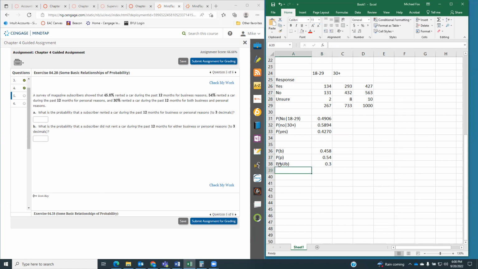So the probability of B or P will equal the probability of B plus the probability of P minus the probability of where they overlap each other. So we'll say 0.698.